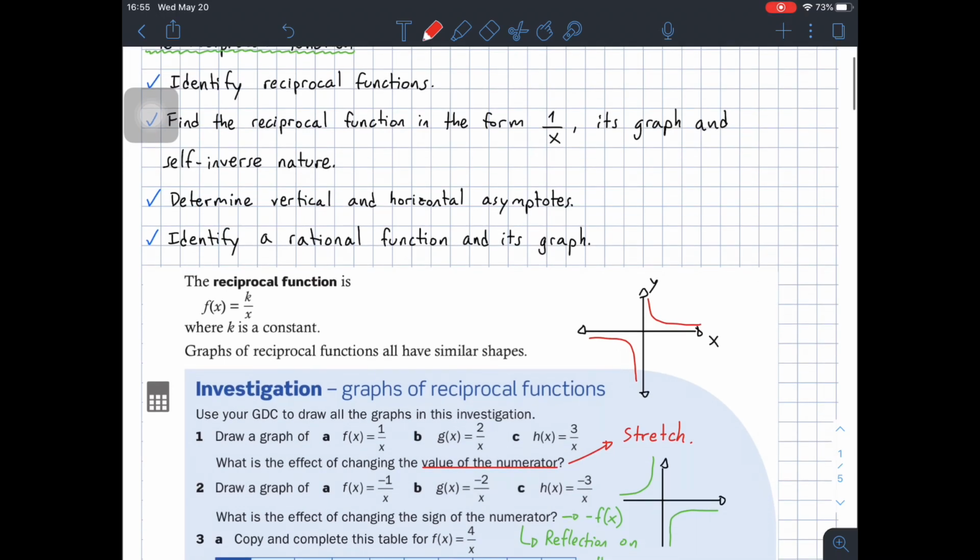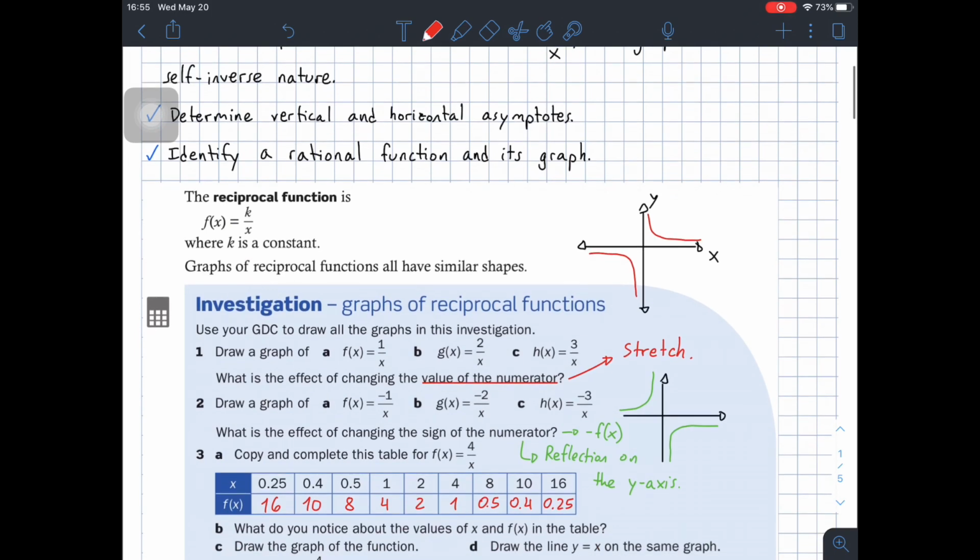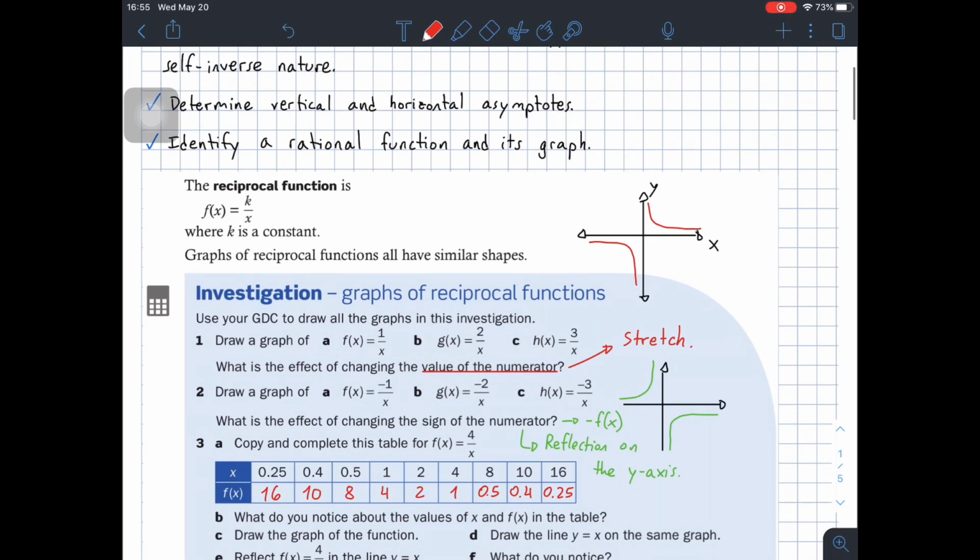Okay, so to begin with, we're going to start by defining what a reciprocal function is. The reciprocal function has this form: f of x equals k over x. So k is any number. It is a constant. It could be 1, 2, negative 4, whatever. And x is the variable, right?